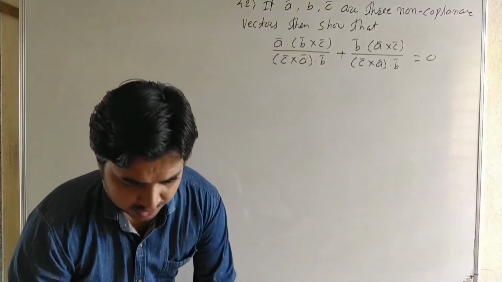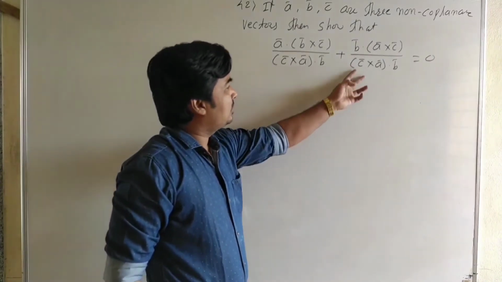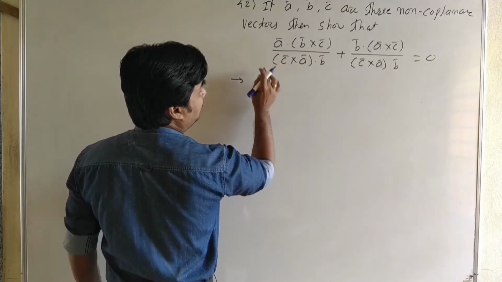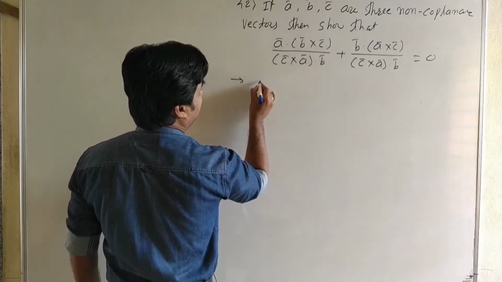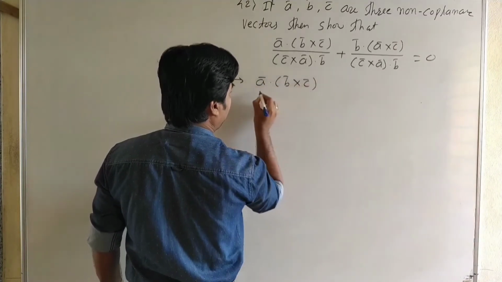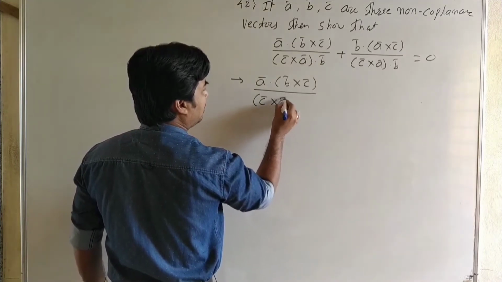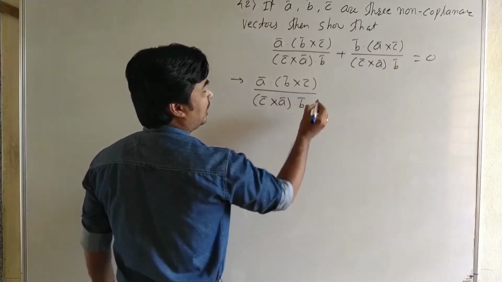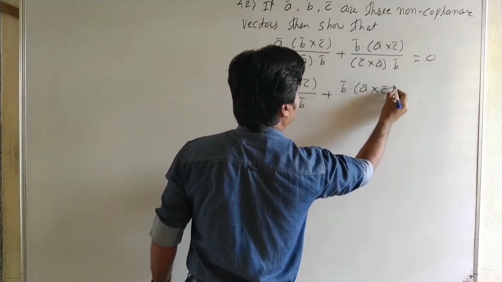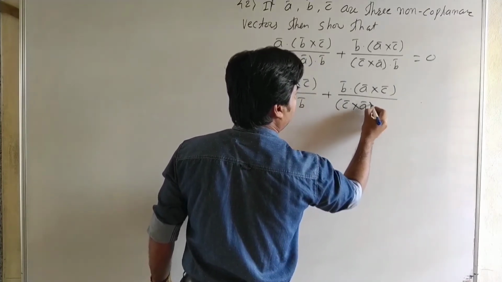Here see carefully. Now we want to prove that the value of this term is 0. Therefore we can write the RHS: A bar dot B bar cross C bar upon C bar cross A bar dot B bar, plus B bar dot A bar cross C bar upon C bar cross A bar dot B bar.